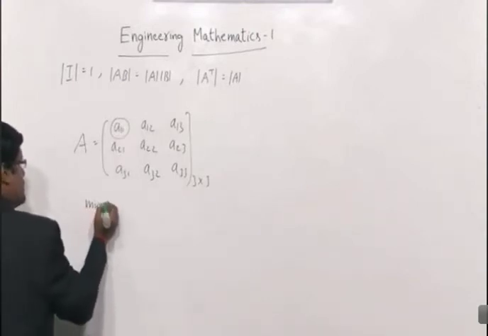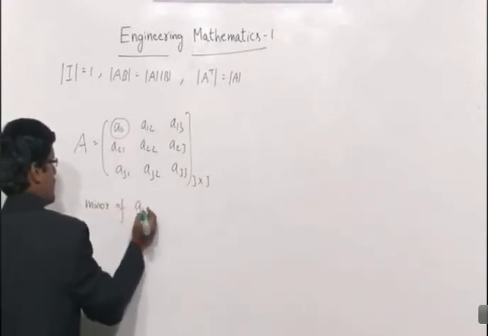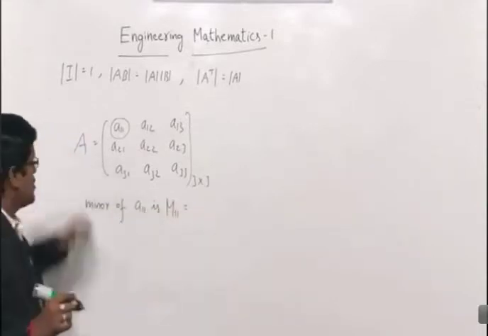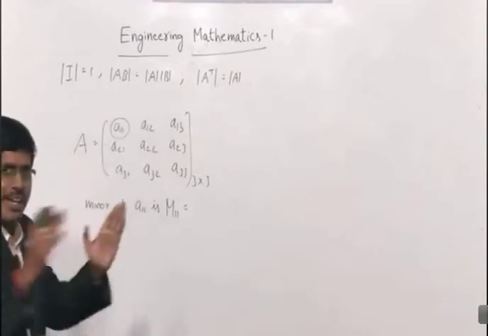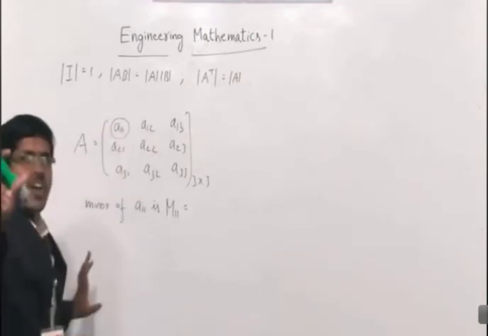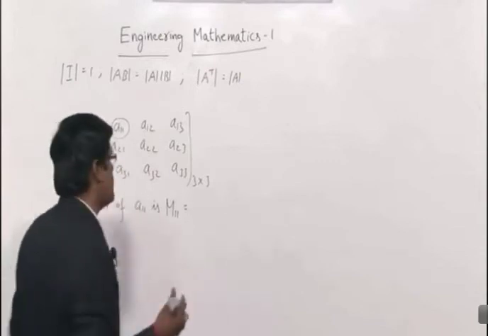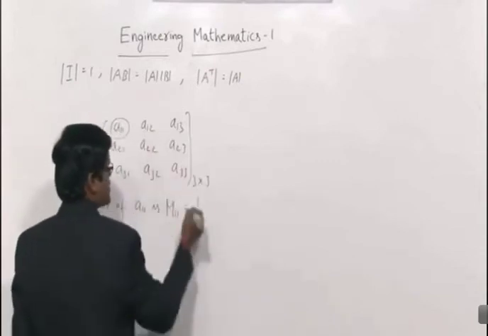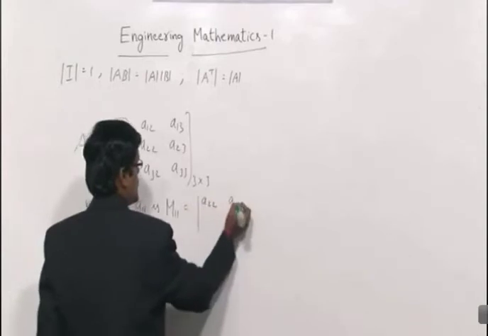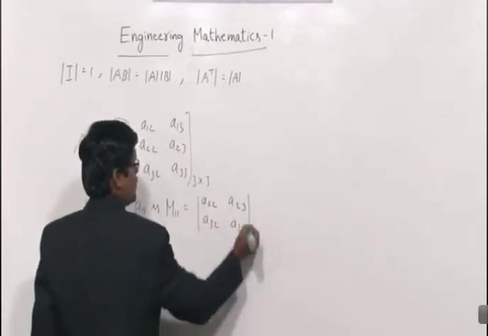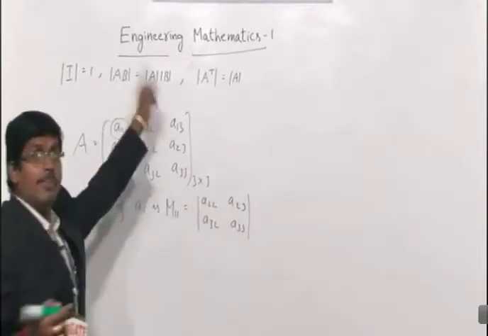The minor of A11, which is denoted by capital M11, how is it defined? This location is first row, first column; immediately delete. The remaining elements are called the submatrix. The determinant of that submatrix is called the minor of that element. So the determinant of the remaining elements submatrix is A22, A23, A32, A33, and you know how to evaluate it.